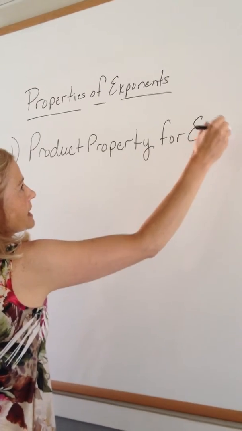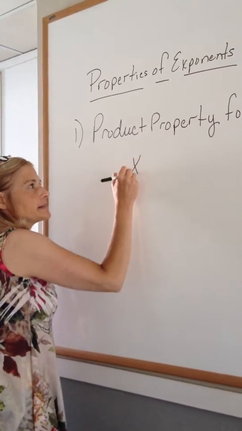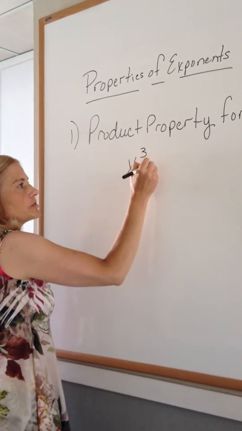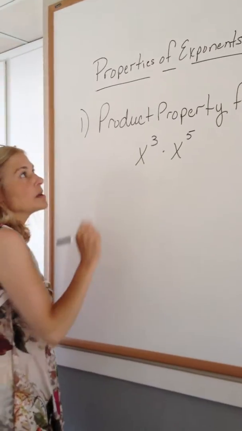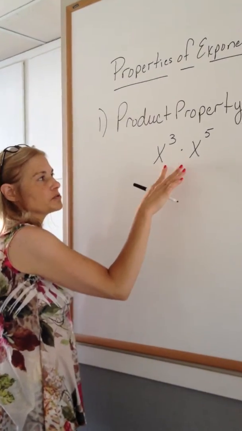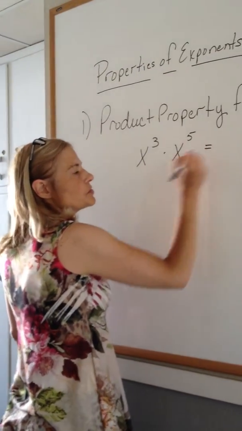And what this is saying is when you multiply x to the third times x to the fifth for the product. This is the product because we're multiplying two x's together. What are you going to do to the exponents?